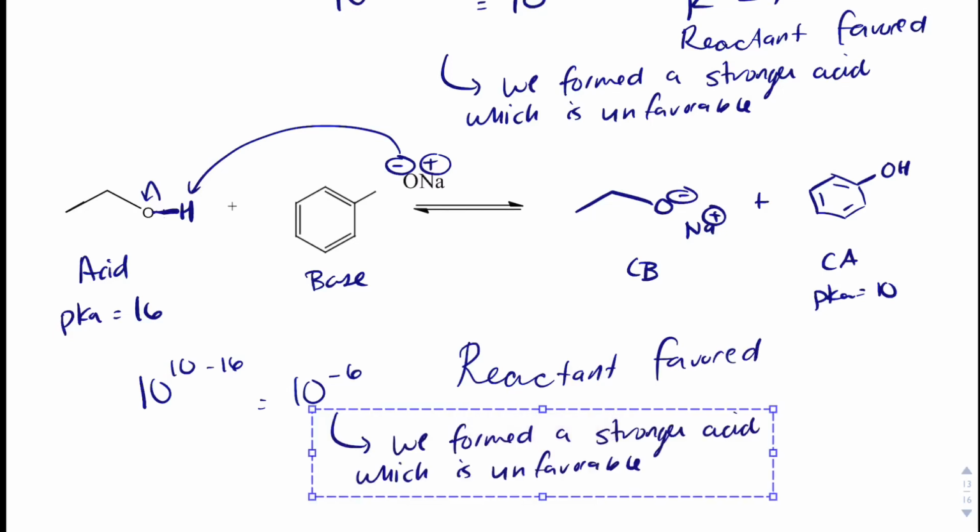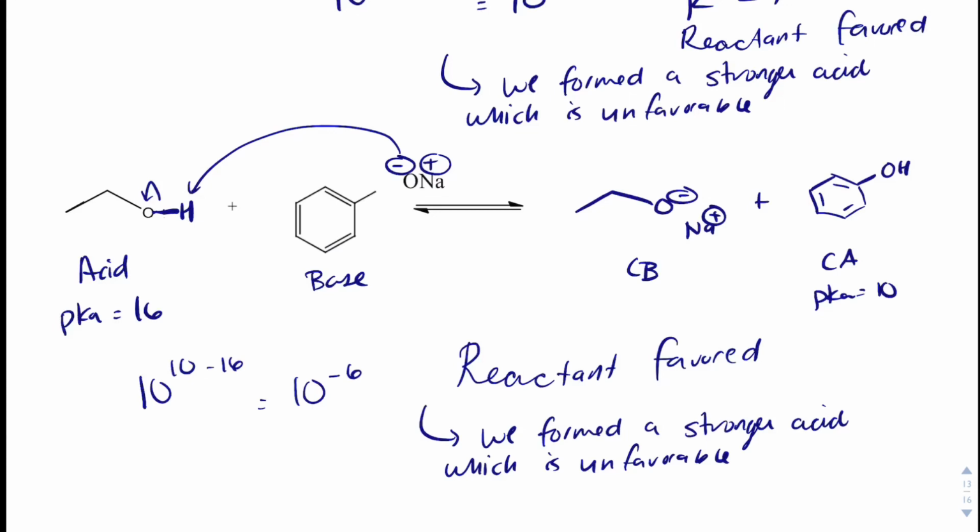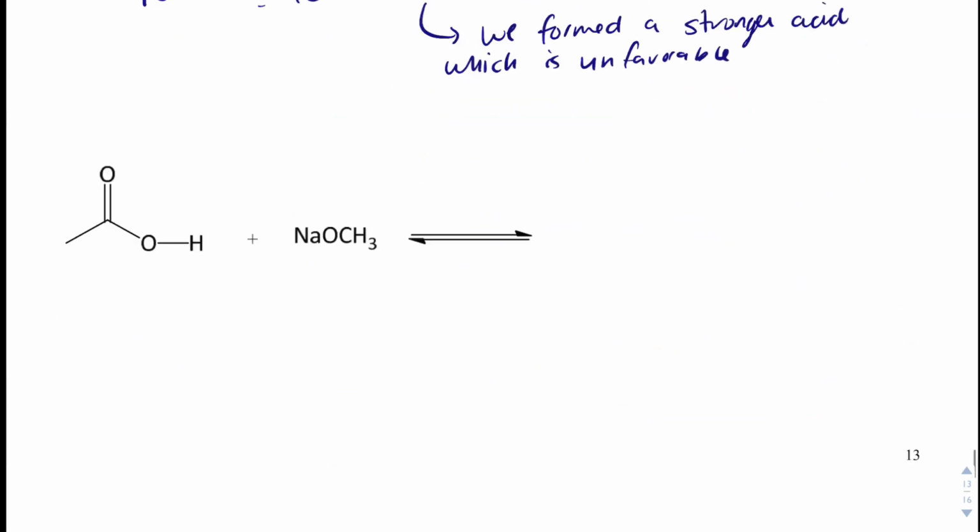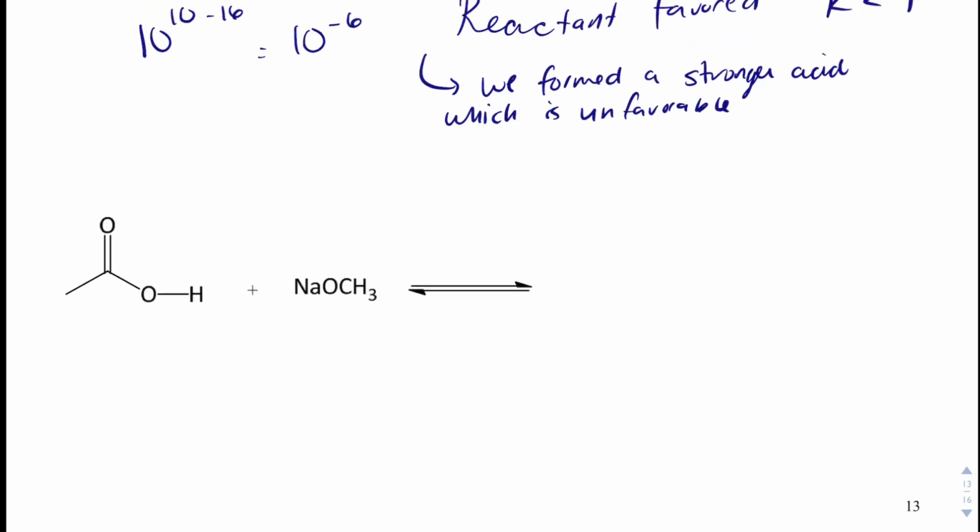And same reasoning. We formed a stronger acid, which is just not going to be favored. Okay. Same thing. I see a positive. I see a negative. I want you to go ahead and try this on your own. Pause the video, and then you can check.